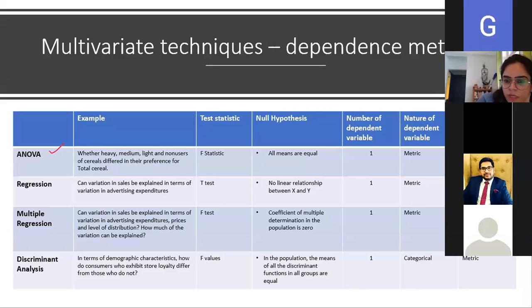Here, if the dependent variable is metric and the independent variables are categorical, then you can run ANOVA. So we are checking how multivariate techniques depend on the scales you are using. In ANOVA, the dependent variable is going to be metric, and the independent variables are going to be categorical. What are the independent variables in this example?